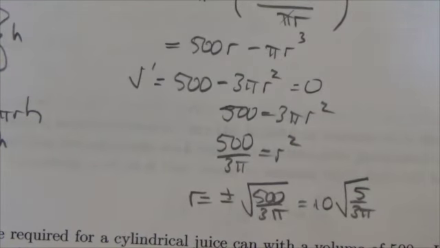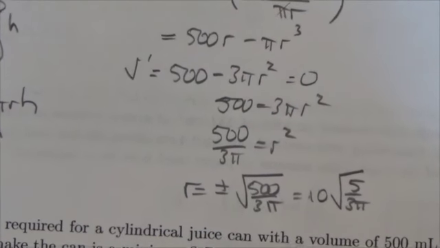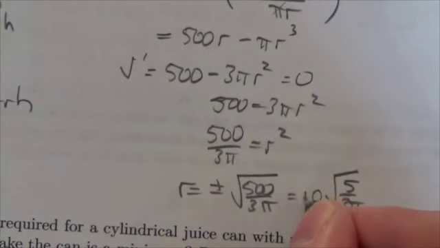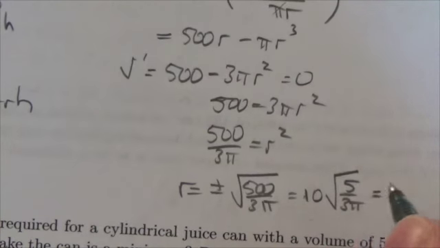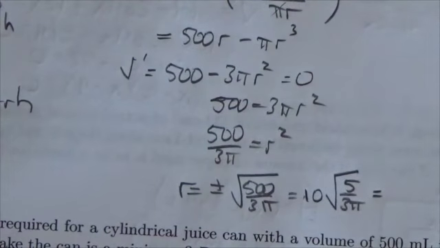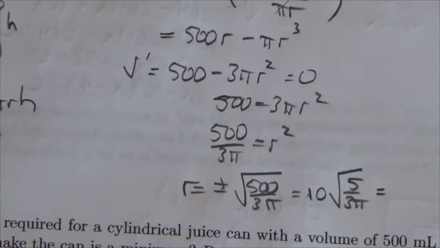Now, in a question like this, we probably want to go through and get the decimal equivalent of this. So I will go to my calculator here. 10 times the square root of 5 divided by 3 pi.